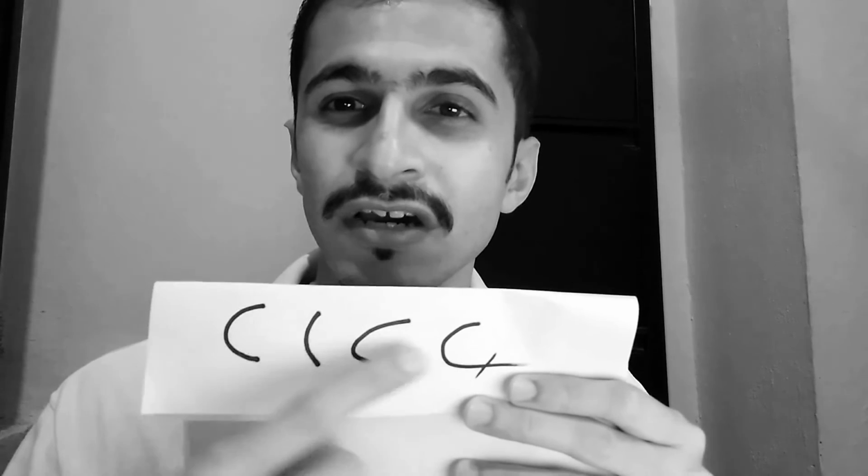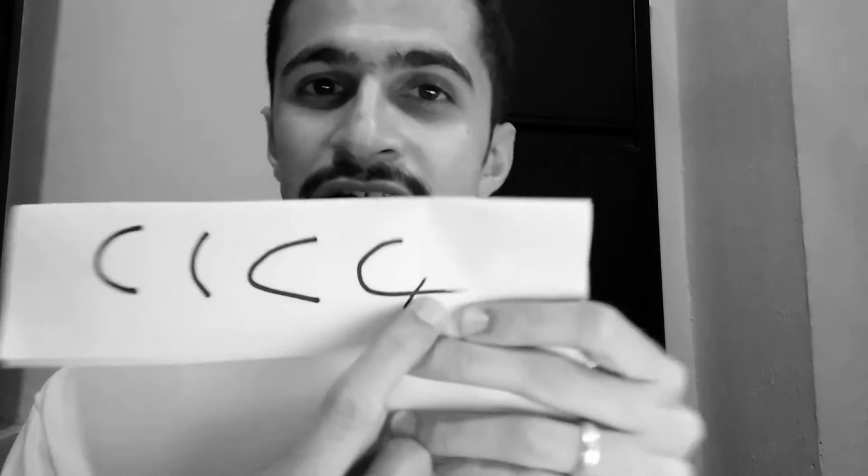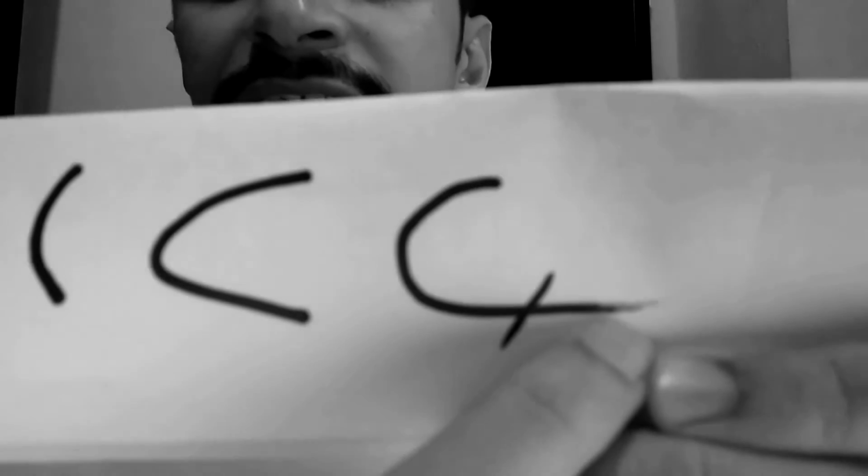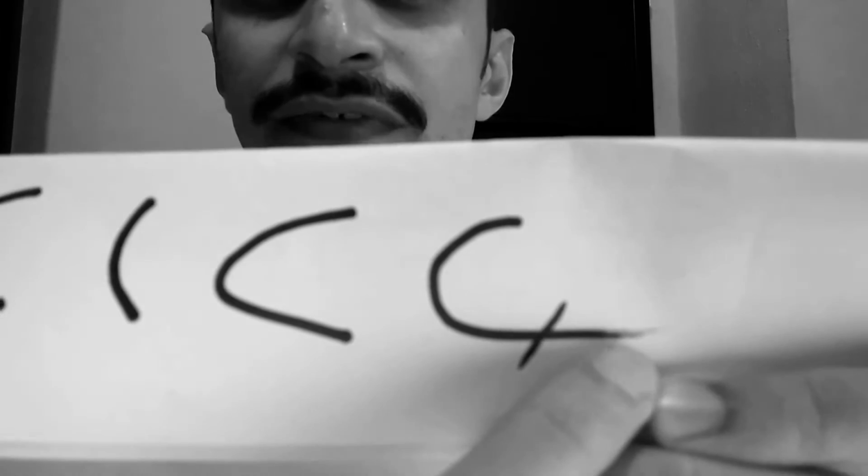Now when a C gets this sort of a formation, do you see the stroke fading? There's the C, there's the extra stroke and there's a fading. Now extra stroke, as we saw previously in the letter A video, means extra thinking, brooding. So a person who writes a C with an extra stroke, this leads to overthinking about social environment.